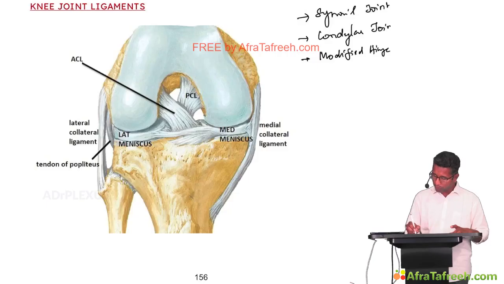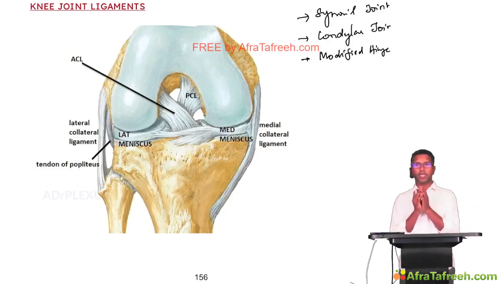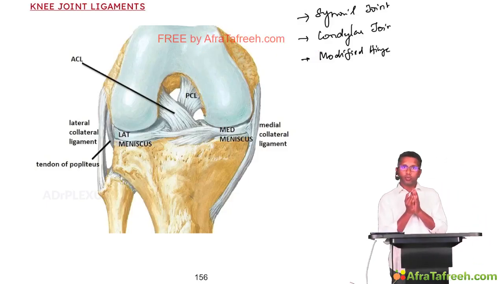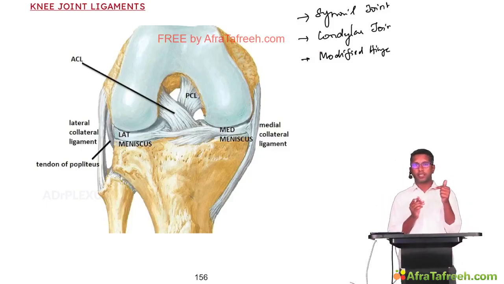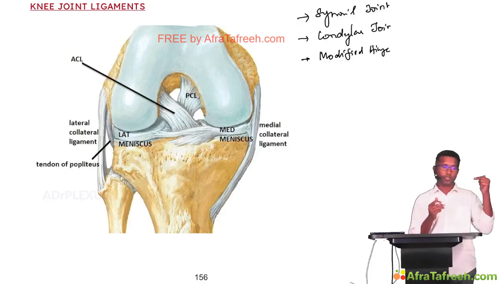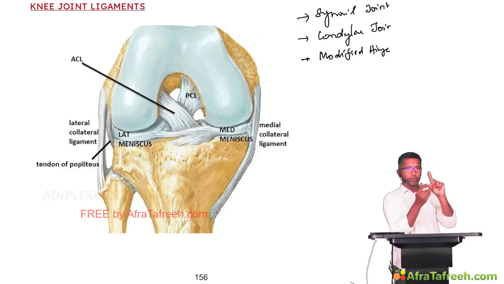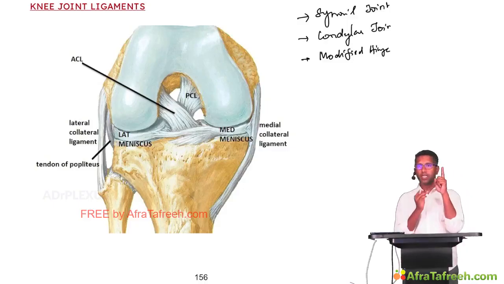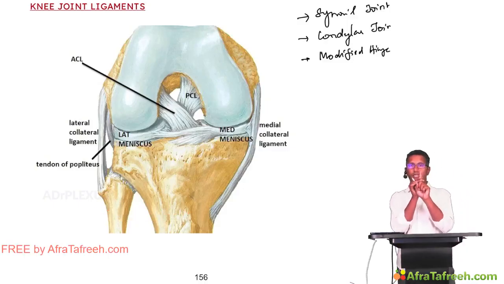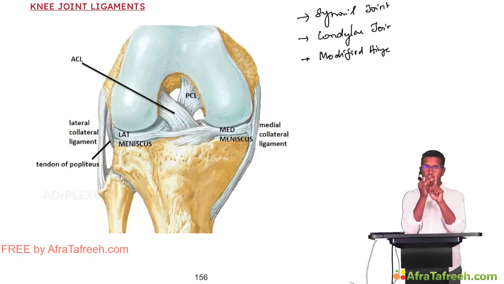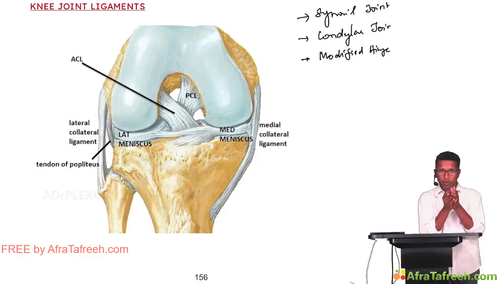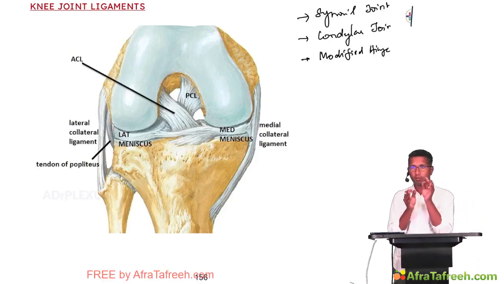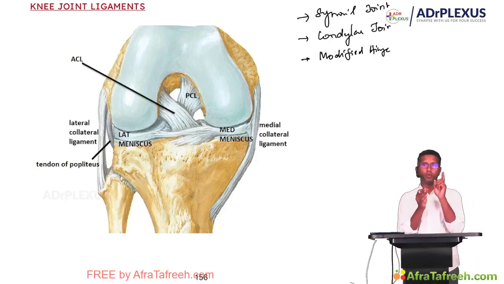I hope you know what is called a hinge joint. If it is a hinge joint, you can do movement only through one axis. For example, the interphalangeal joints are examples for hinge joints. In the interphalangeal joint, either you can flex or you can extend. When it is a proper hinge joint, it moves in only one axis.